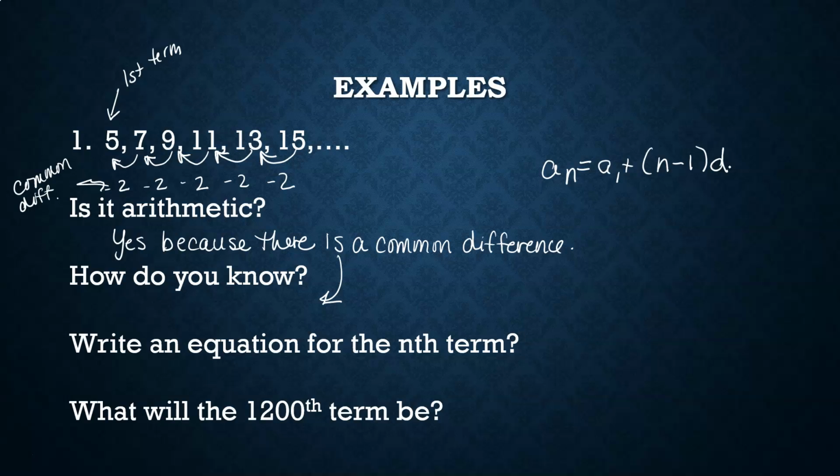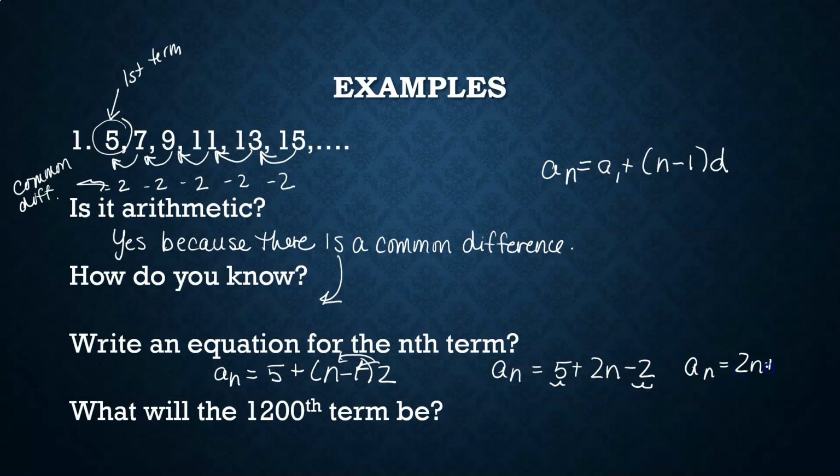We have the nth term, so a sub n is equal to the first term, which is 5, plus n minus 1, and my common difference is 2. If we simplify that, a sub n equals 5, and I'm going to distribute that 2, plus 2n minus 2. Combining these, I have a sub n equals 2n plus 3.